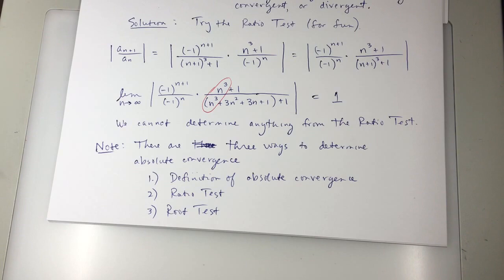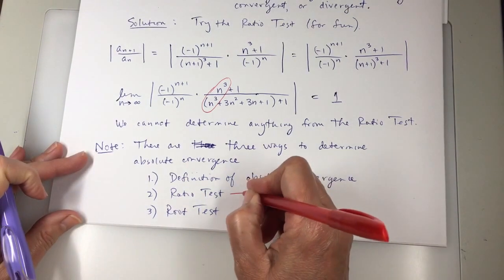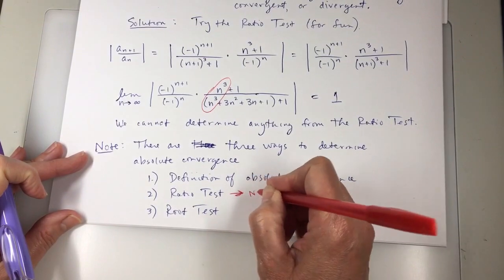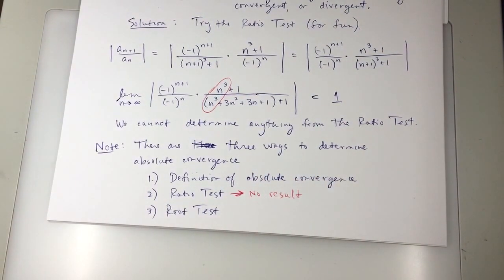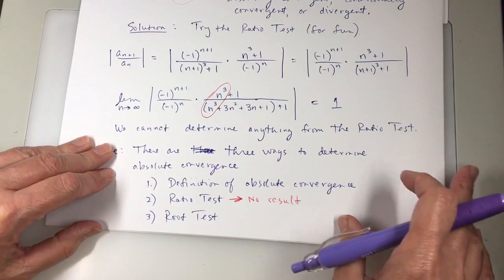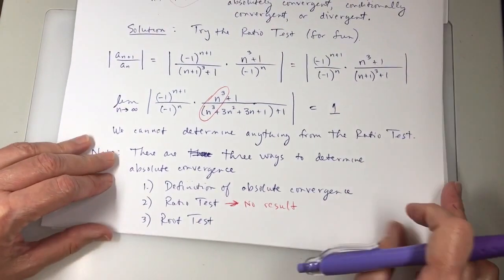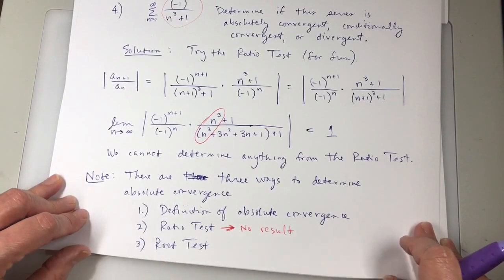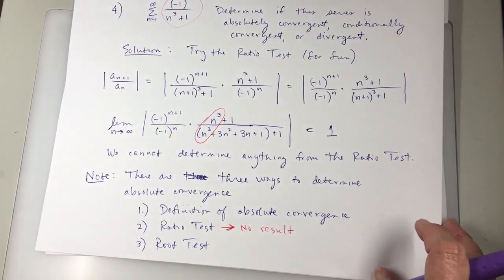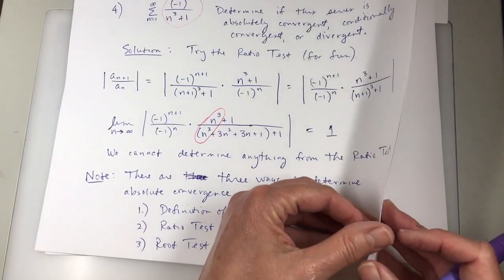Don't try the other one because you're going to get the same result. So we tried this one, no result. So I know the root test is going to be no result. So we got to go with the definition of absolute convergence. I did all that just to show you sometimes you might try the ratio test and you come up empty.